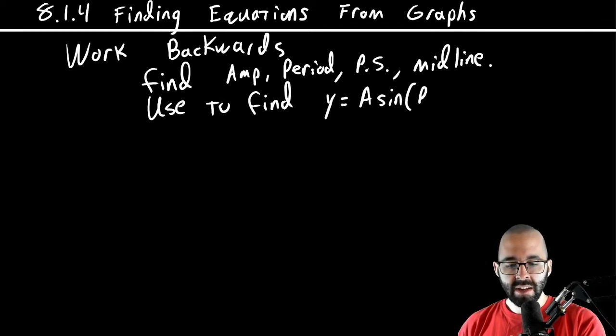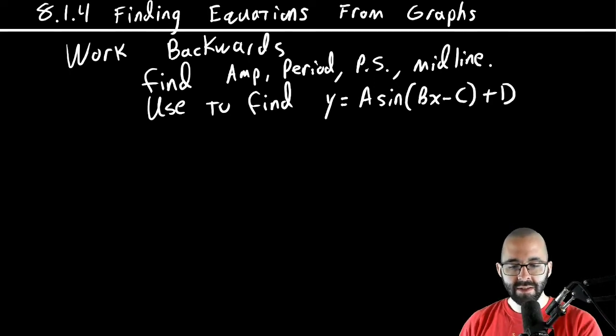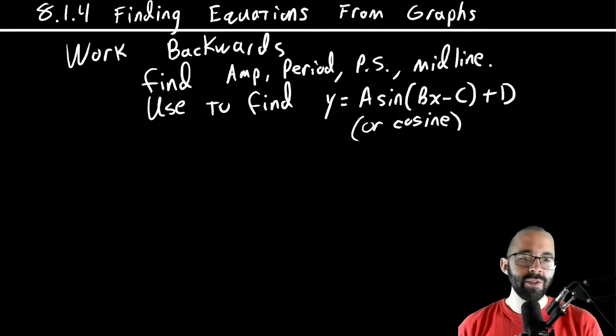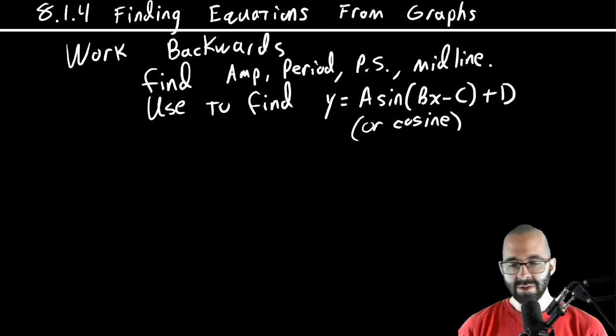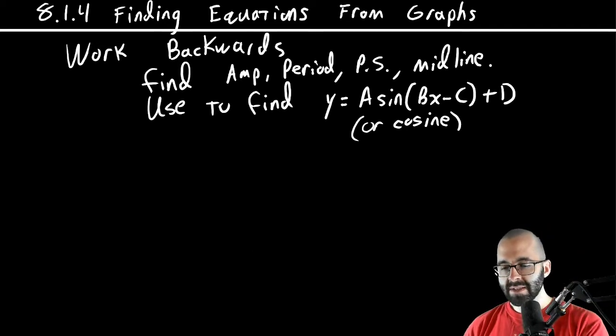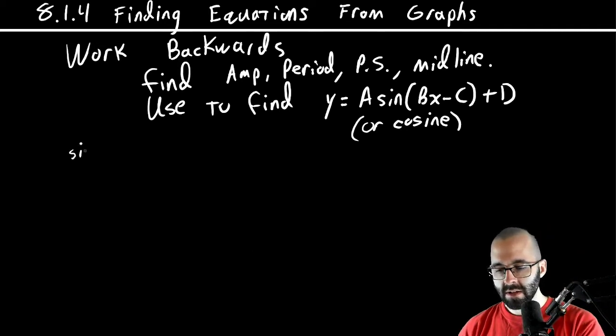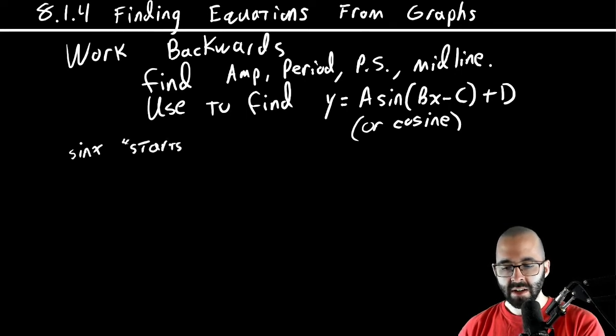A sine of bx minus c plus d, right? Or cosine. I don't want to write the same thing twice, so I'm just saying sine, but we can also use cosine functions as well. And remember that sine of x, we can think about that as starting at the midline, and it goes up.